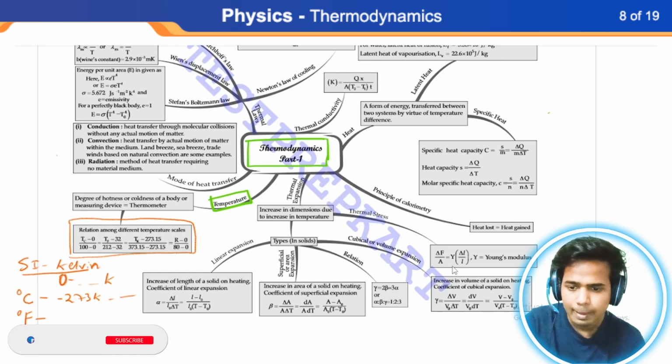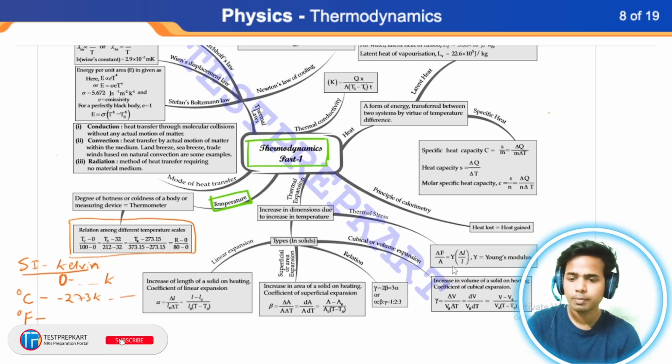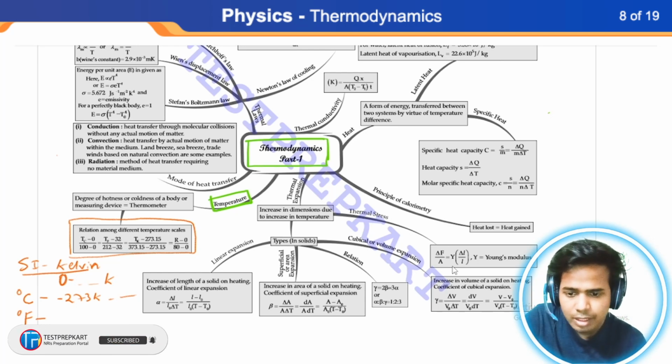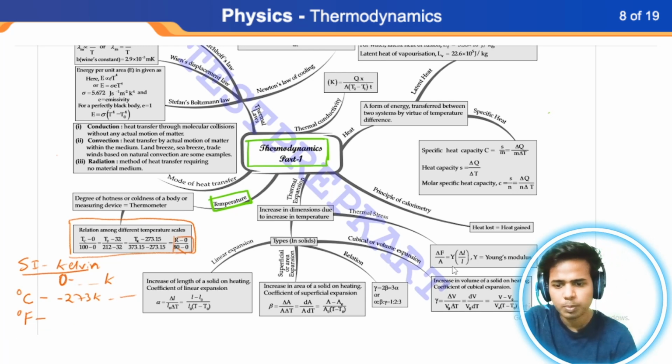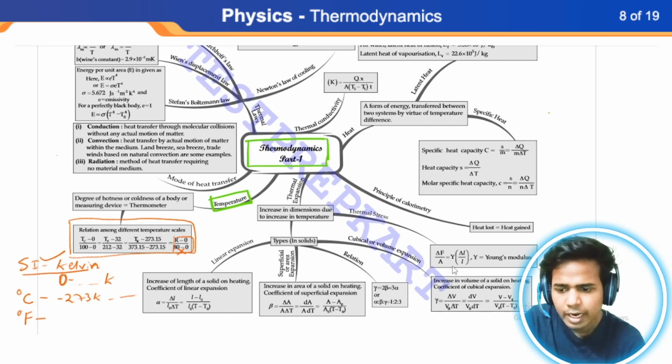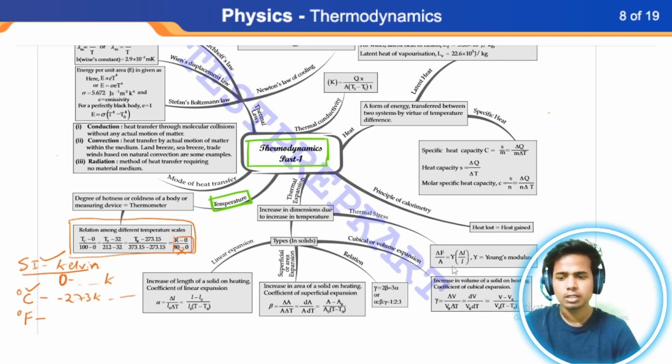There is also another one called R. We do not need to worry about it because it's pretty obsolete, and only Kelvin and Celsius will do. But just for safety, we'll also discuss Fahrenheit.